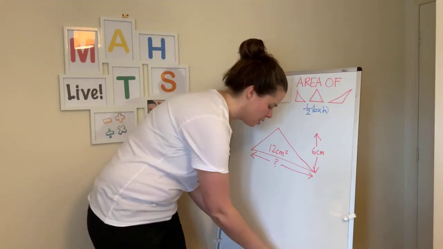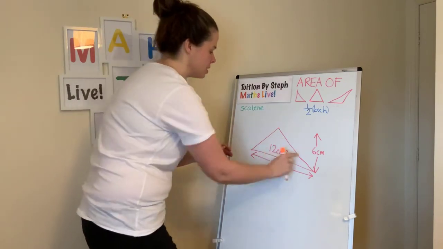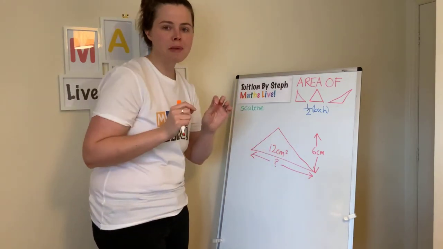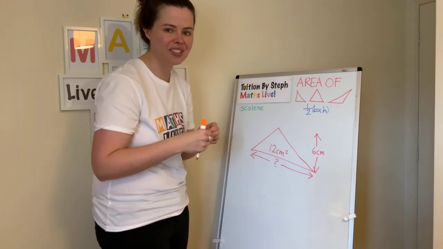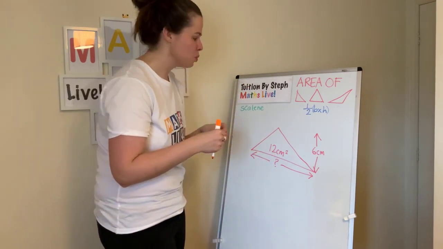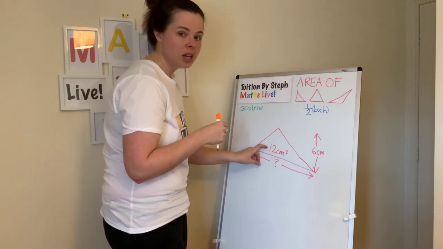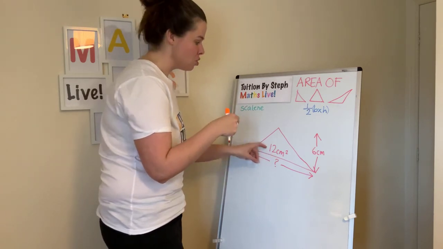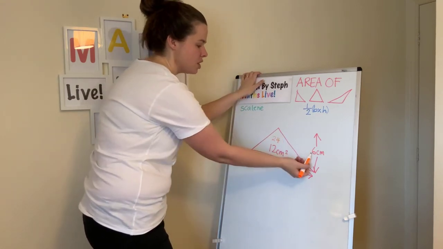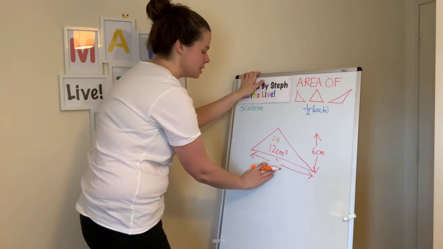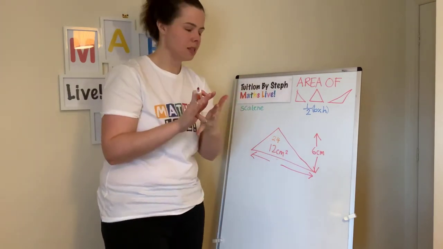You might jump and think, well, 6 times 2 is 12. But remember, after you've done the multiplication, you have to then halve the answer. So that wouldn't work. A good way of doing it is to double the area that you're given: 2 12s are 24. Then you say, what do I times by 6 to make 24? So 6, 12, 18, 24.